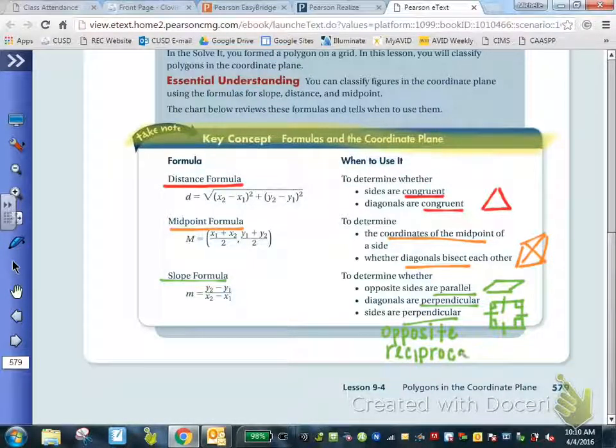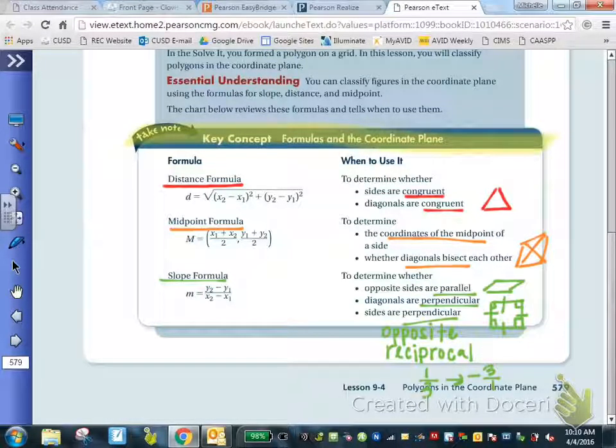Okay, so just as a reminder, opposite reciprocal means it's a different sign, and you flip the fraction. So if I have a slope of 1/3, the opposite reciprocal to that would be negative 3/1. Okay? This is tough. This kind of takes, it's a lot.